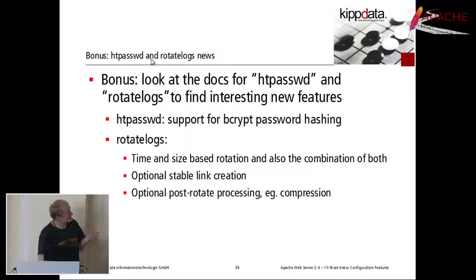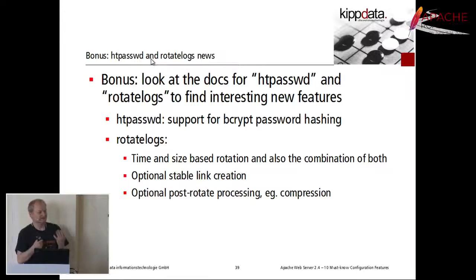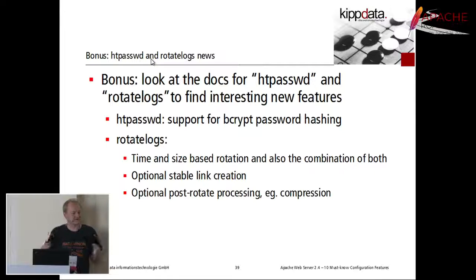There's an option to create a stable link, like your log file always has a timestamp behind. But in addition, there is a hard link without a timestamp that always points to the last log file. That's something that makes looking at the last log file easier. And there's optional post-rotate processing. For instance, you can define that after rotation, a process is forked that compresses the log file.